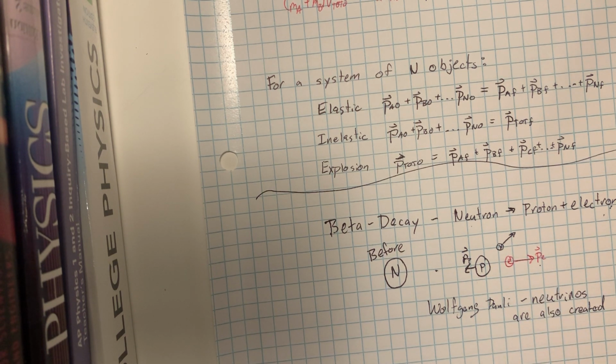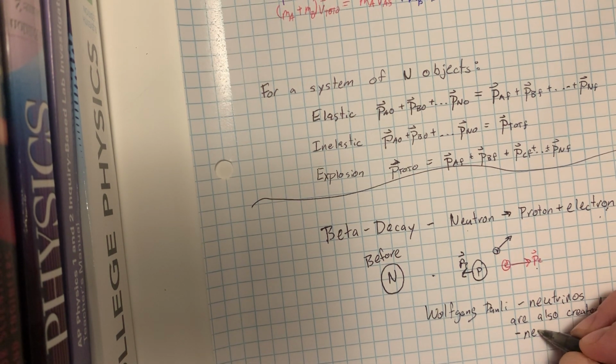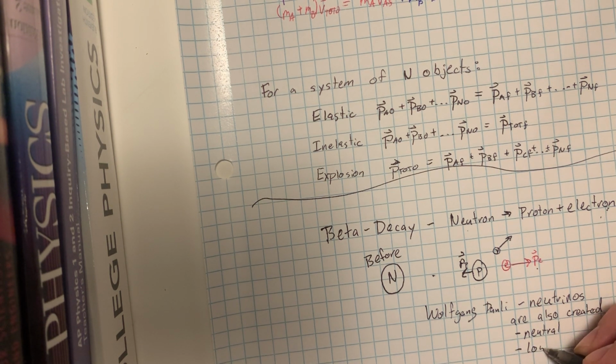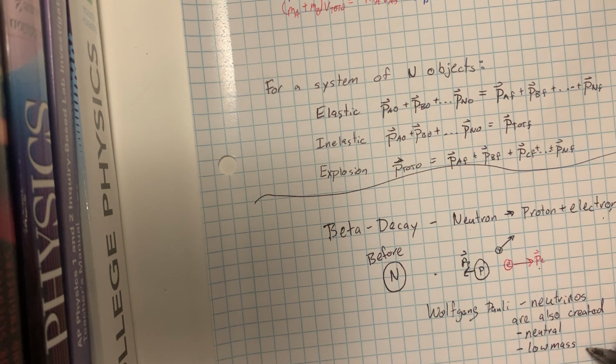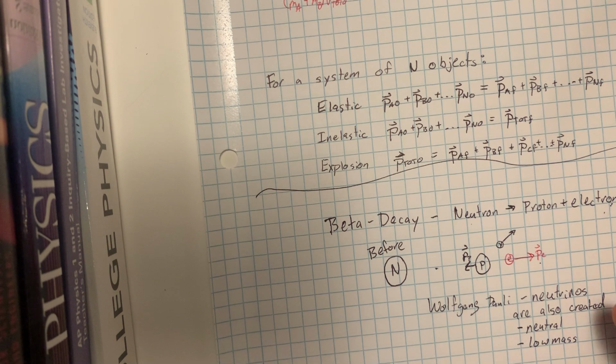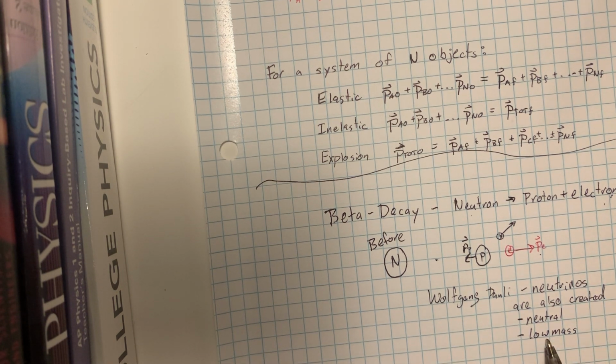They could detect anything with a charge, and they weren't detecting anything else coming out. So these had to be neutral, and they had to be very low mass, much, much lower mass than an electron. Possibly 0 mass.